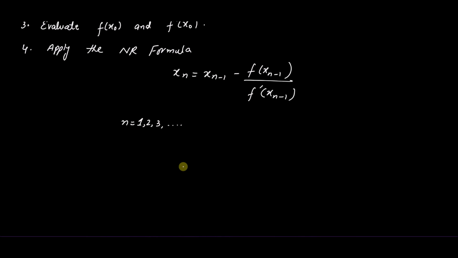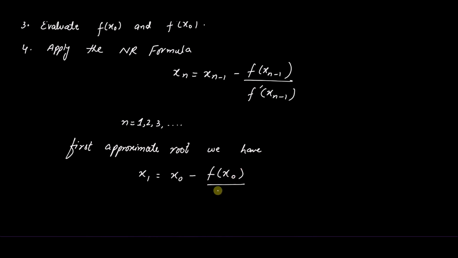So for the first approximate root, we have x1 equals x naught minus f of x naught by f prime of x naught.